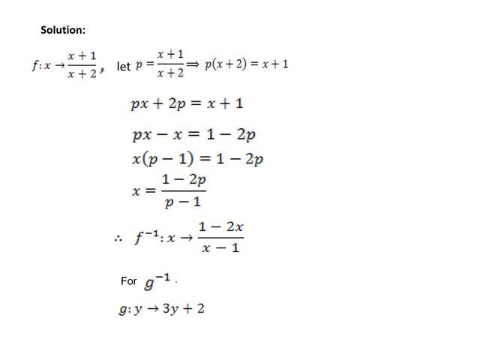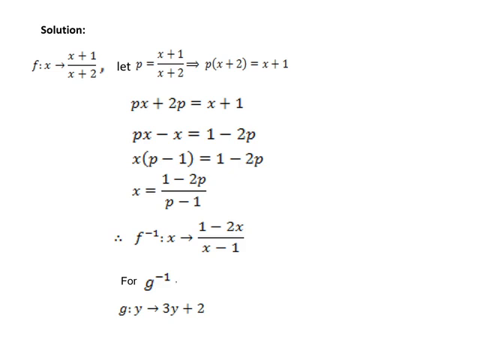Anywhere you see p, just replace it with x. So we now have our f inverse of x to be equal to 1 minus 2x over x minus 1. That is f inverse. We have gotten the f inverse.